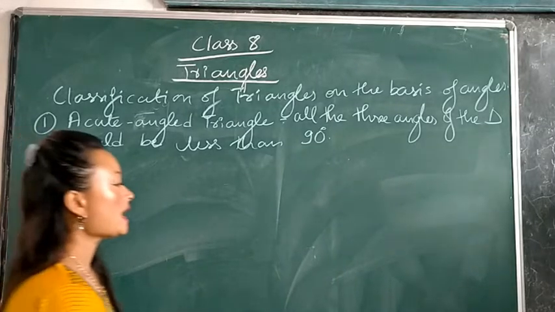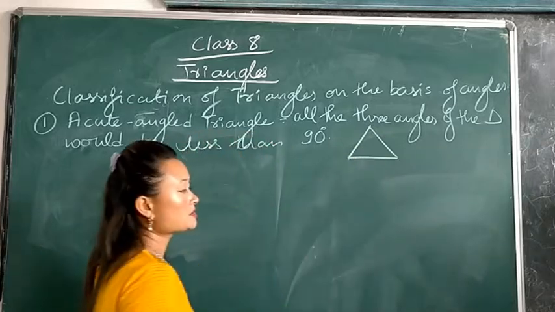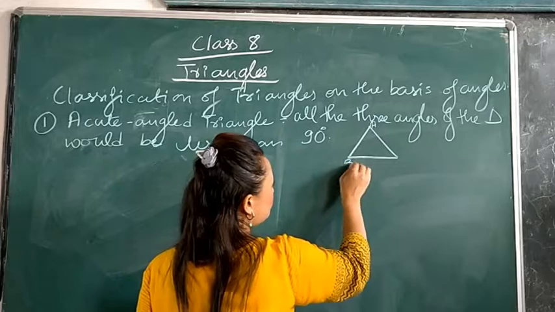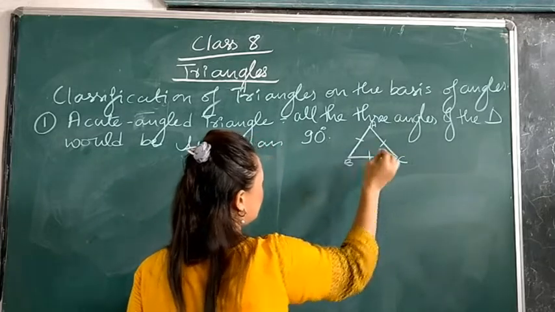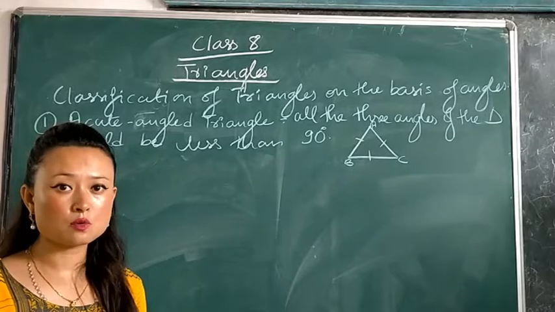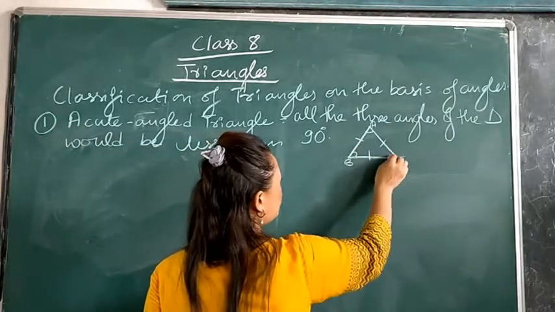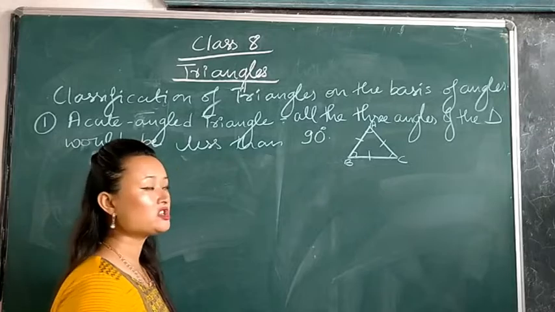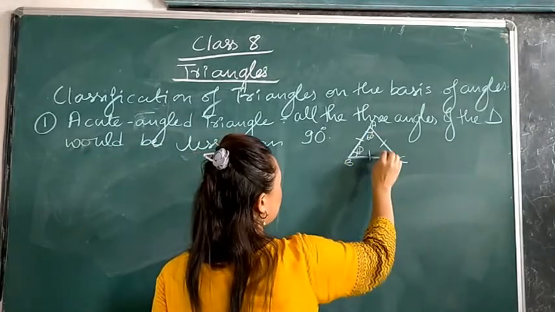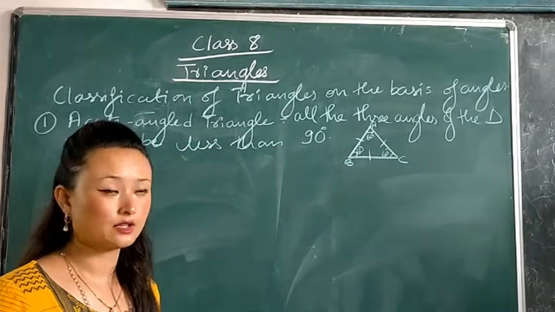Example, an equilateral triangle. As you know, an equilateral triangle has all the 3 sides equal. If we name this triangle as triangle ABC, all the 3 sides would be equal, and all the 3 angles would be equal, and each angle measures 60 degrees, which is an acute value, isn't it?